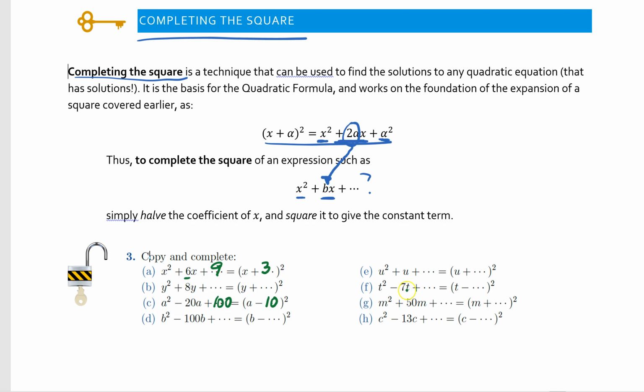This one over here, the numbers are just horrible, that's all. Half of negative 7 is negative 7 on 2. And that means that on the end here, I have 7 on 2 squared, which is 7 squared over 2 squared. Okay, so they all operate like that. That won't take you long to master at all.